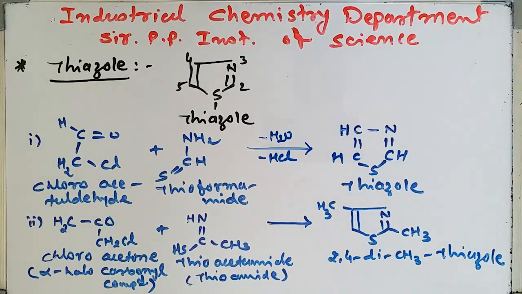So any alpha-halocarbonyl compound and thioamide gives a derivative of thiazole.